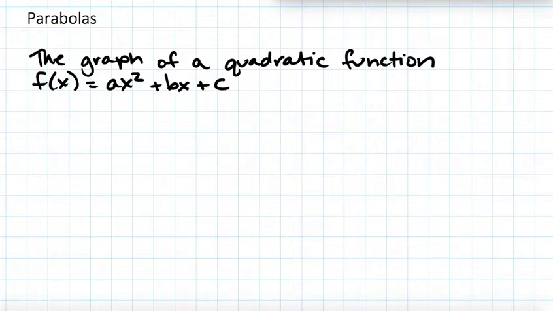So this is function notation. Remember that f of x can also be used instead of y in graphing. We talked about that back with lines. And then our quadratic function always has an x squared term. And so this graph is called a parabola.